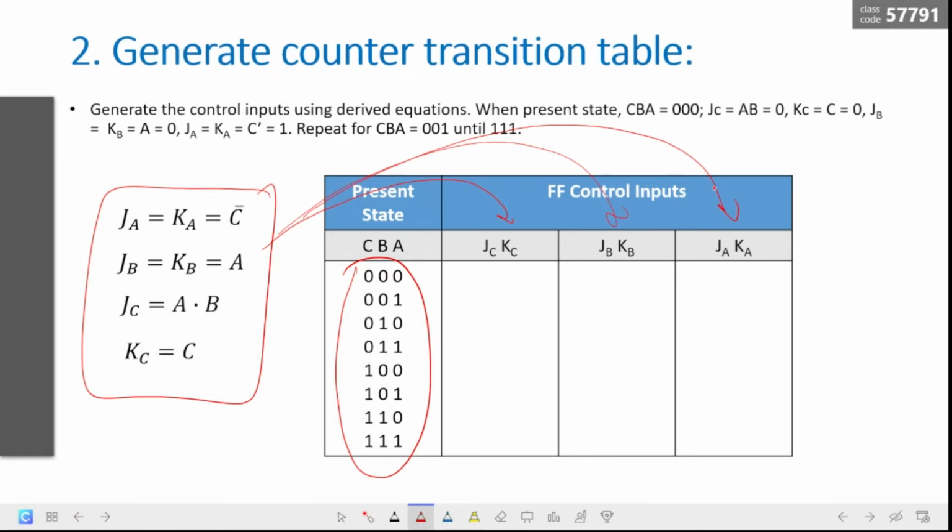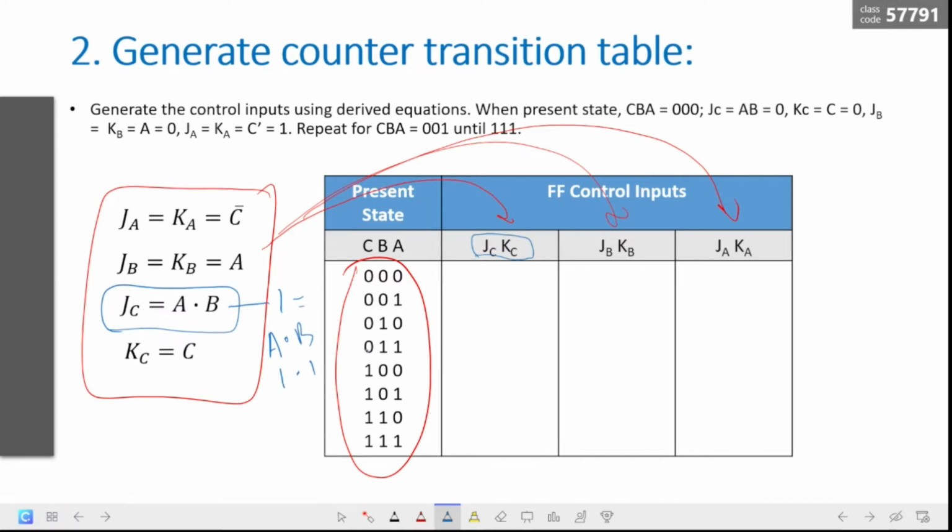Let's look at the first one. J and K for the C flip-flop. Let's look at J first. J is A dot B. Which means that the output of J will be 1 if A and B are both 1.